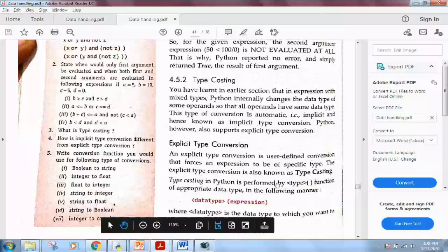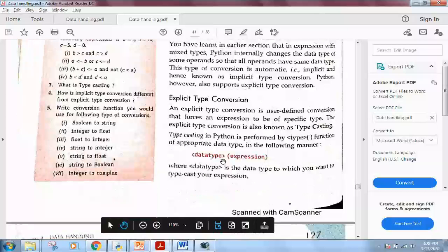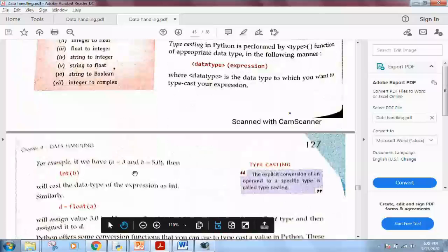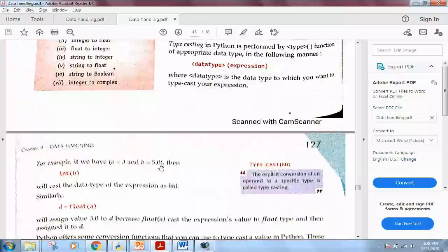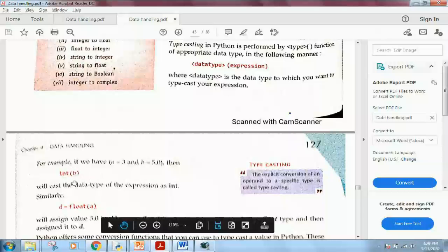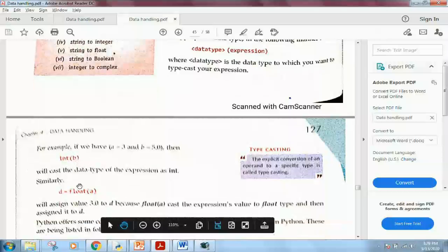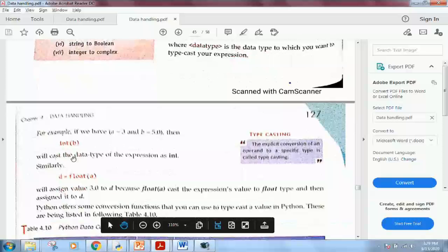How can you perform typecasting? There is a simple way. You specify the data type in front of that variable or expression which you want to change. For example, if you want to change b, where b is a floating number, b is equal to 5.0, you simply use the function int, put b in round brackets, and b is converted into integer.